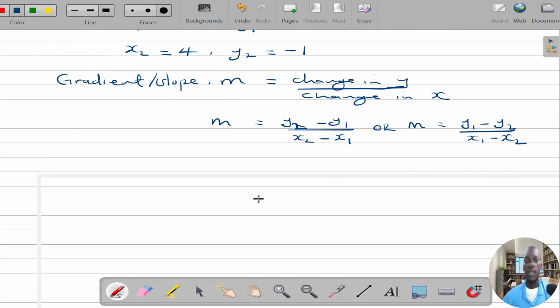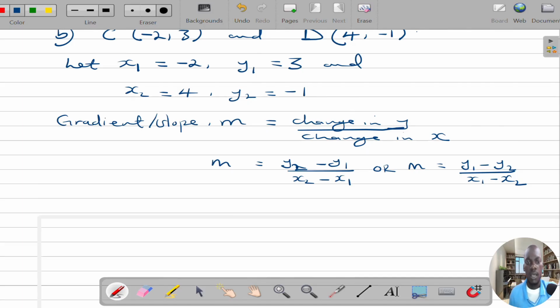Now our next step is to substitute the values of y2, y1, x2, and x1. That means we have m, which is slope, equaling y2, which is -1, minus y1, which is 3, divided by x2, which is 4, minus x1, which is -2.